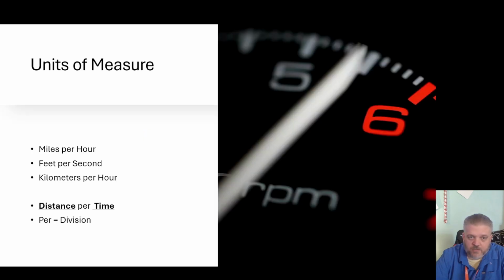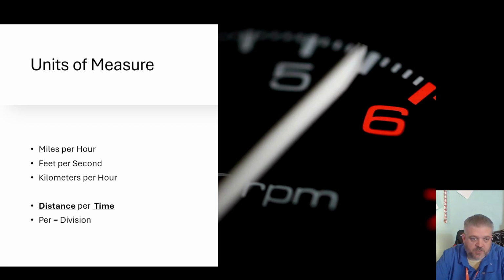So units of measure. Here in the United States, there's really two units of measure that we use for speed or velocity. Those are miles per hour, which you often hear a lot of cars reference for their velocity, and feet per second.